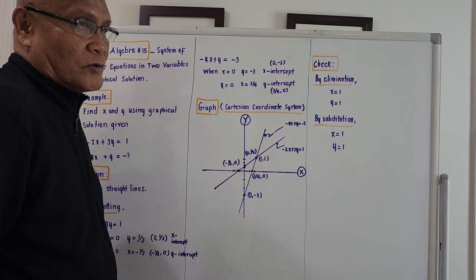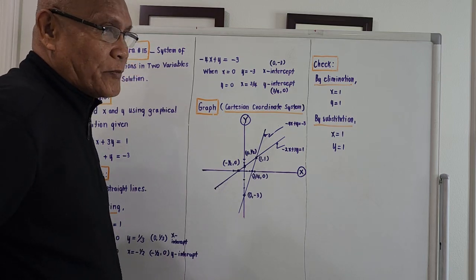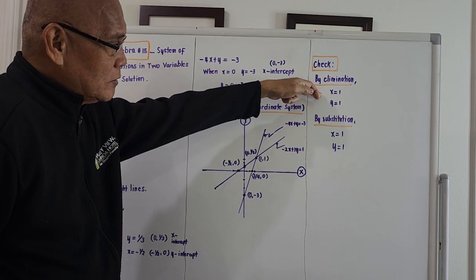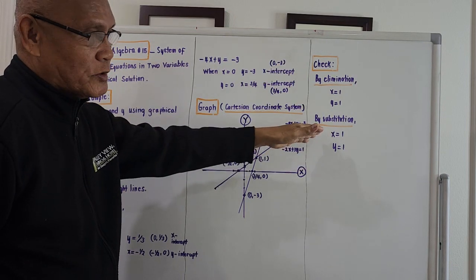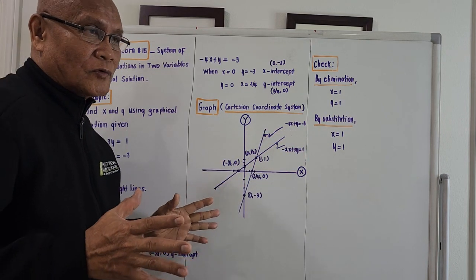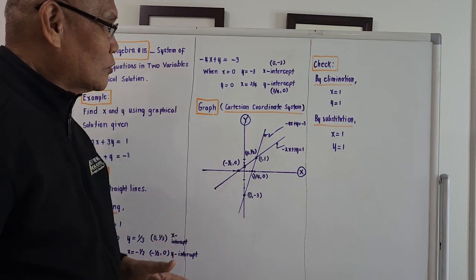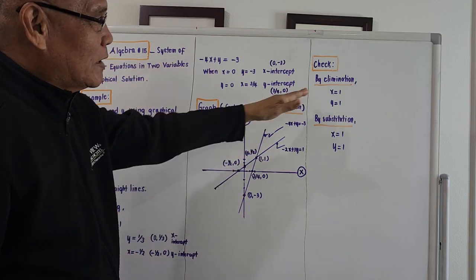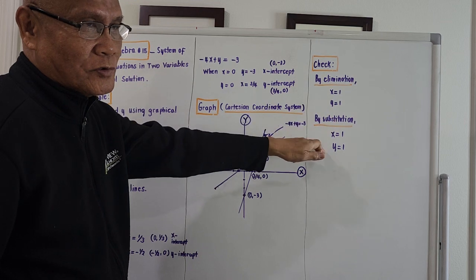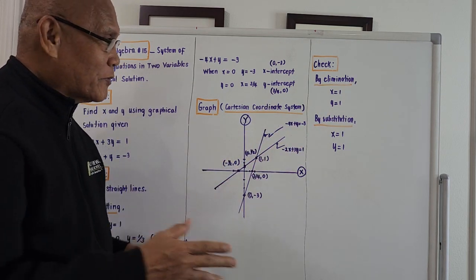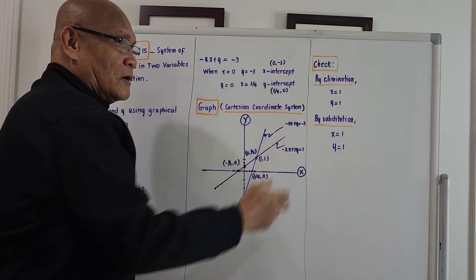The graphical solution is just a confirmation of the solution by elimination or by substitution. The two most important methods of solution for a system of linear equations in two variables are elimination and substitution. The graphical solution is just a confirmation of the two solutions.